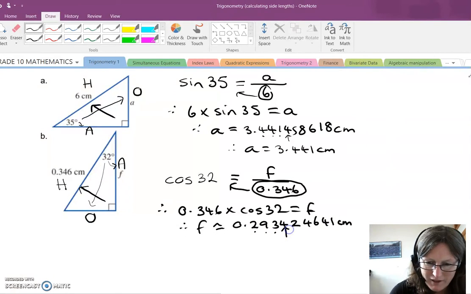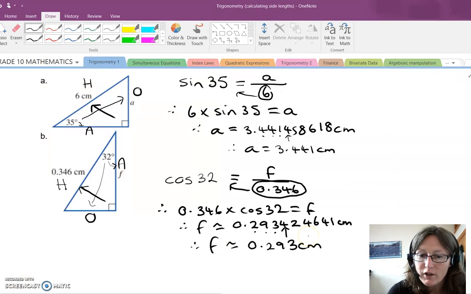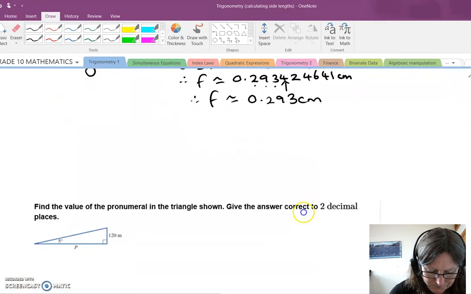The fourth place is less than 5, so the 0.293 stays as f being approximately equal to 0.293 centimetres.